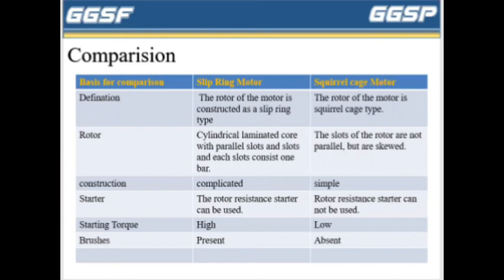Construction: slip ring motor complicated, squirrel cage motor simple. Starter: rotor resistance starter can be used, versus cannot be used. Starting torque: high, versus low for squirrel cage motor. Brushes: present in slip ring motors, absent in squirrel cage motors.